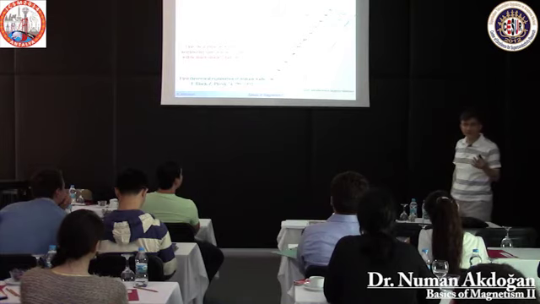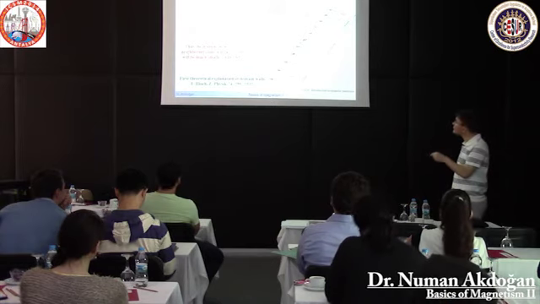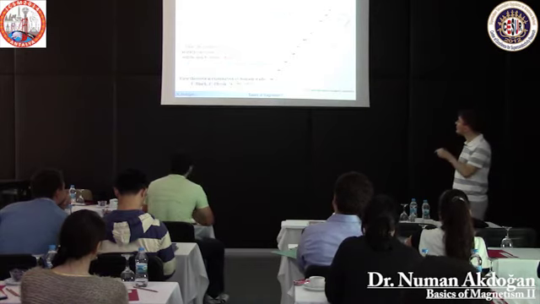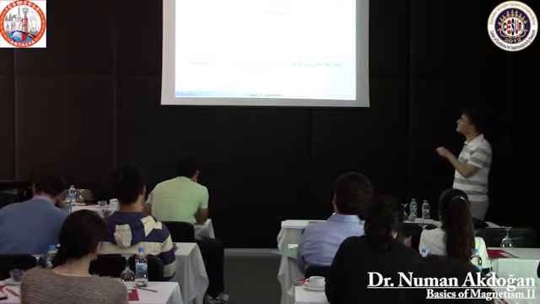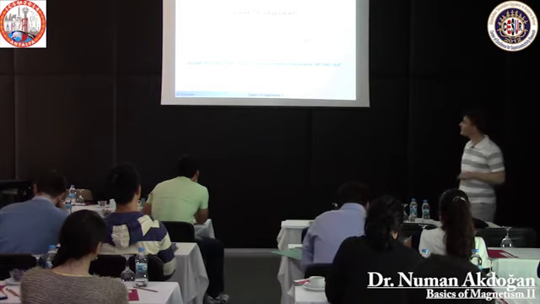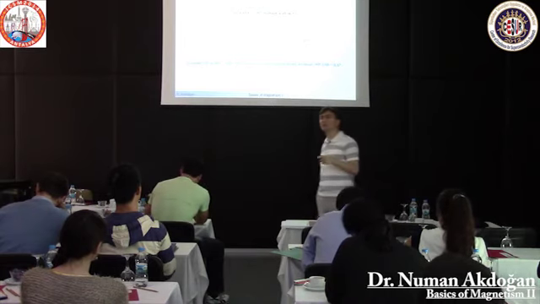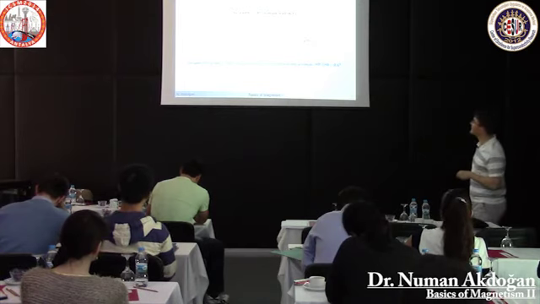Iron is a ferromagnetic material, and let's calculate how many atoms contribute to the domain wall in iron. This is the formula. The thickness of this wall in iron is around 400 angstrom. It means that 150 atoms, okay? In one domain wall of iron, we have 150 atoms.